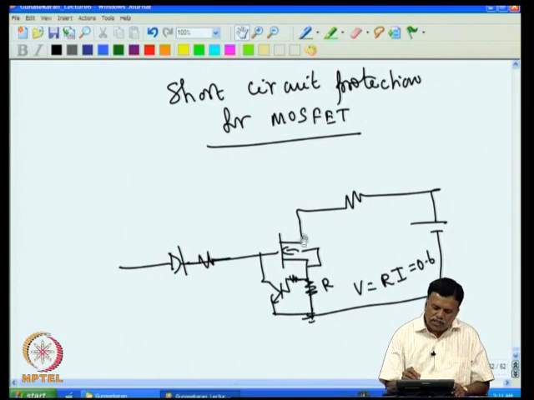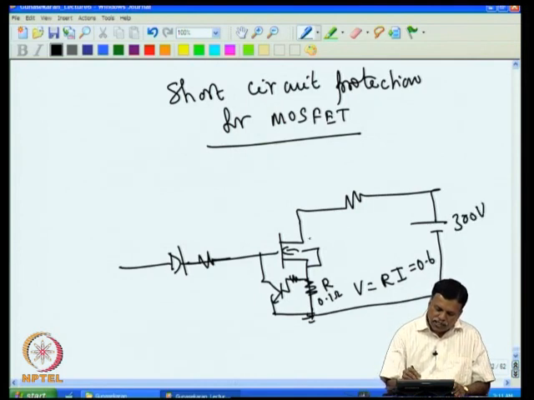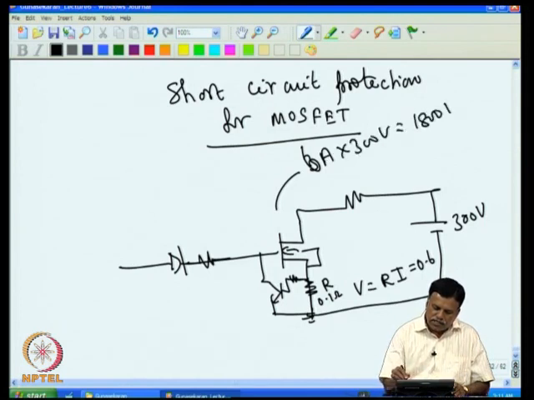So the MOSFET is quickly drawn into the linear region, but still, suppose I put in this case 0.1 ohms, then 6 ampere current will flow, and this is already shorted, that is why current is going, but current will not be more than 6 amps. If this voltage is 300 volt, 300 volt and 6 amps will give 1800 watts of heat dissipation.